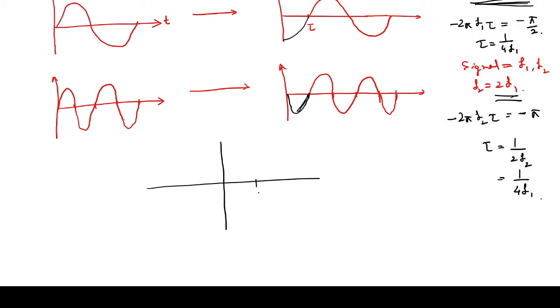Suppose you are having two frequency components f1, f2. Again f2 is 2 of f1, so we are having say pi by 2, we are having pi.